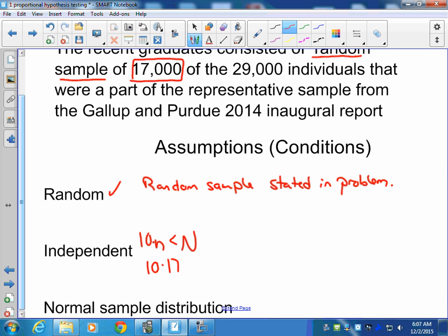So 10 times 17,000 equals 170,000, which is less than the population of all recent, and we look at recent, the last 10 years, college graduates.